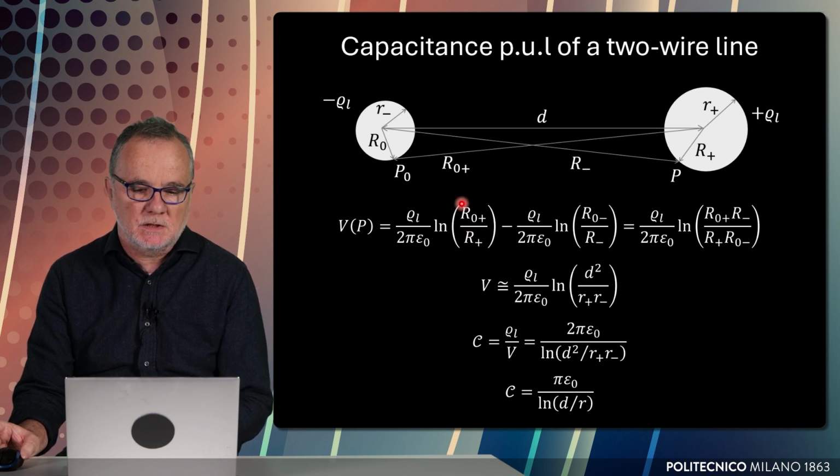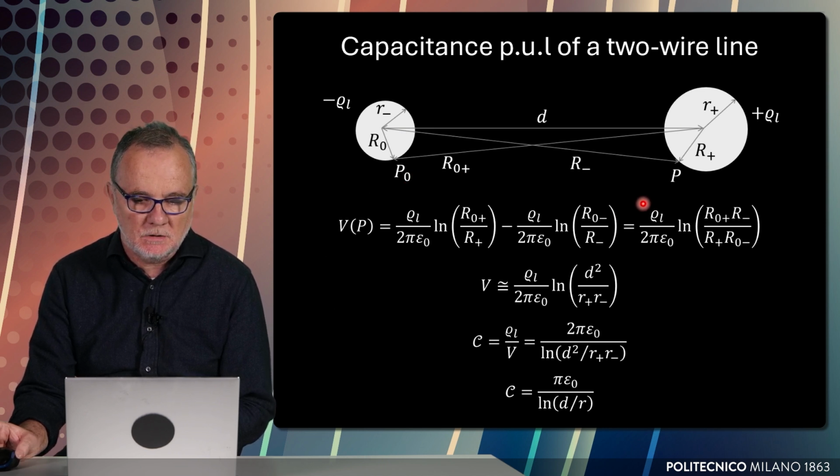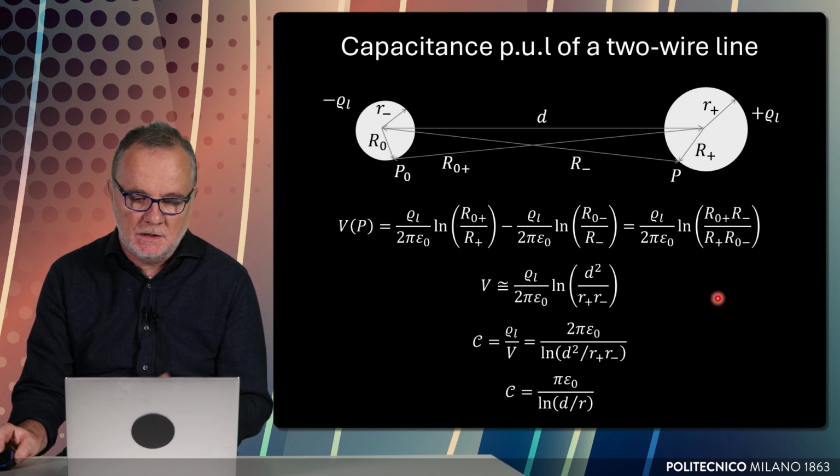If we replace the various parameters that we see here, the various distances, we have the distance between the two centers of the two conductors, which is d. We have these parameters r naught, r plus, r minus, and so forth. We substitute, and we finally obtain a very simple expression for the capacitance.